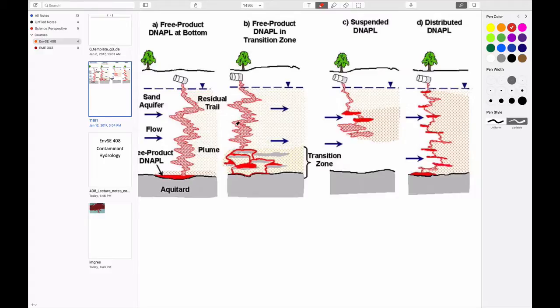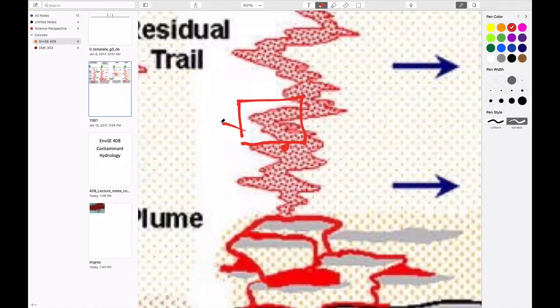we're not really interested in the behavior at this single pore throat that the pen is on right here, but we might be interested to know what the amount of fluid is within this box if we look at it here. And so we could look at how much of the red fluid exists in here and how much pore space that includes. And we could look at the zone in which it's not filled. It's only filled with either water, if this is below the water table, or it would be air if it's above the water table.